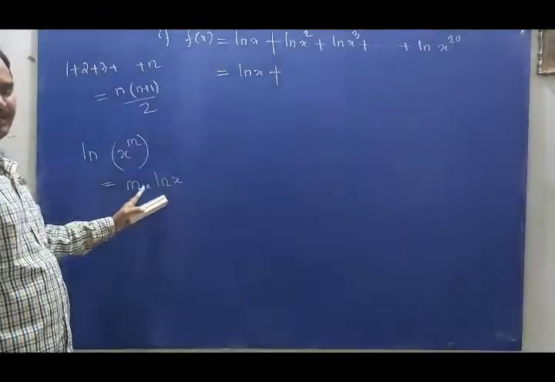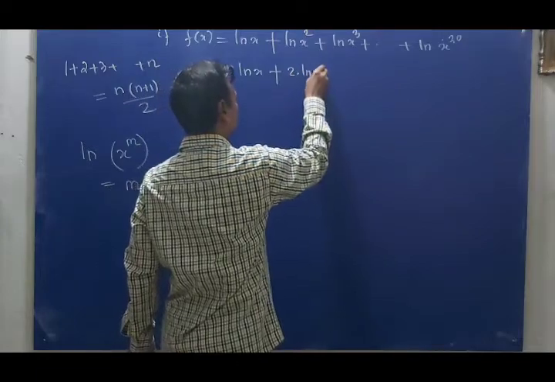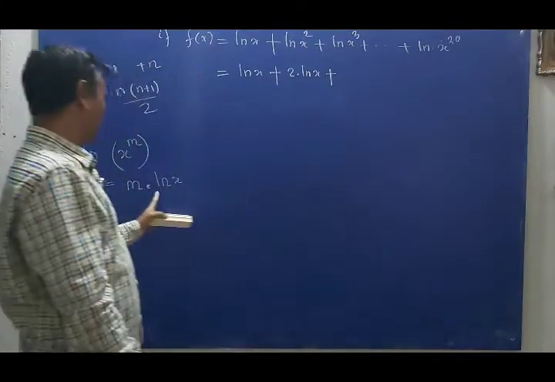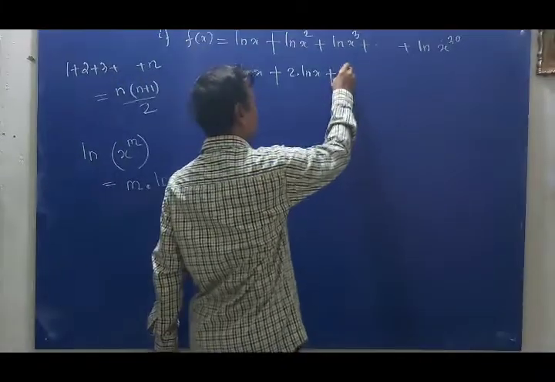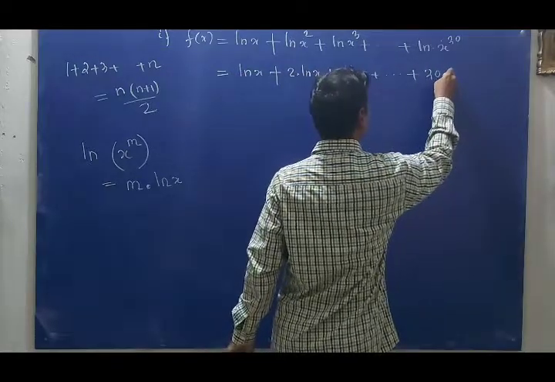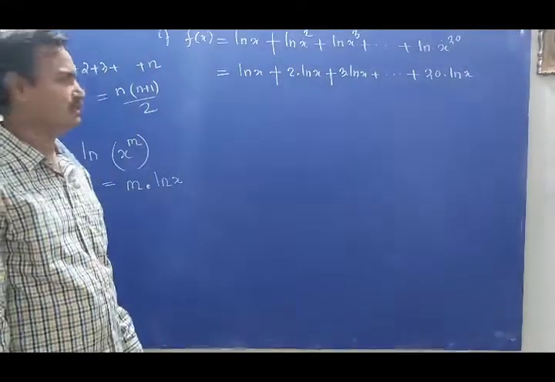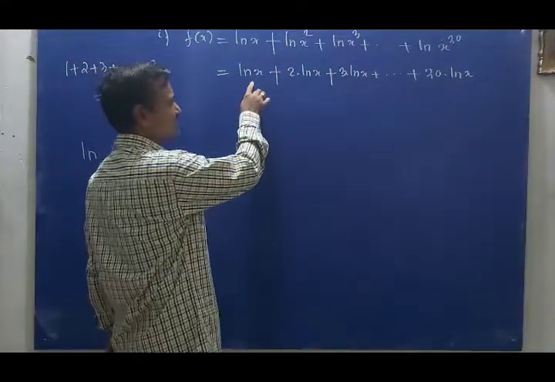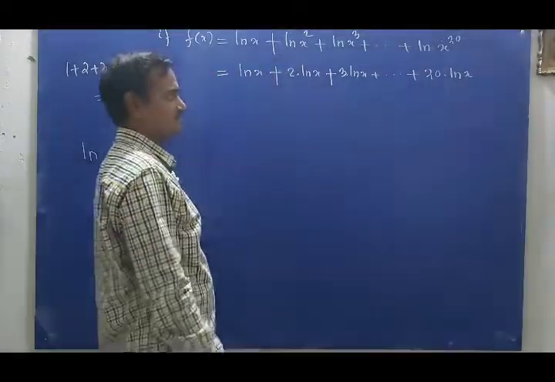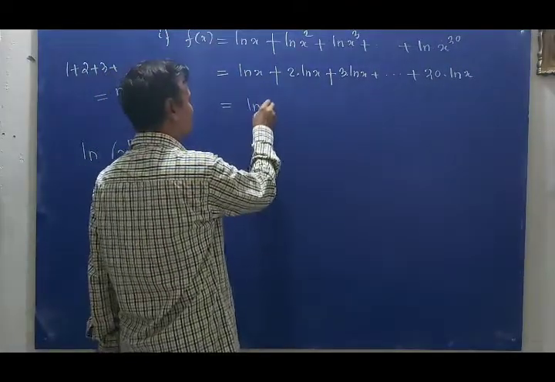Apply this formula: 2 into ln of x, plus ln of x cube, which is 3 into ln of x, and so on up to 20 into ln of x. So ln x plus 2 into ln x plus 3 into ln x up to 20 into ln x is equal to, so take ln x as common.